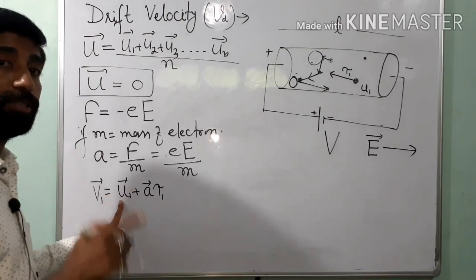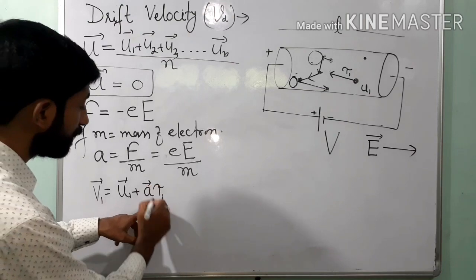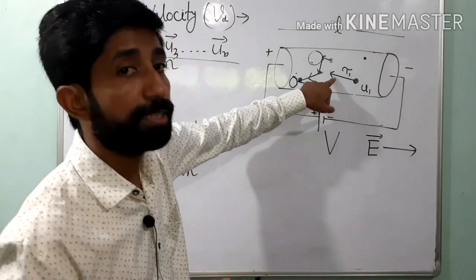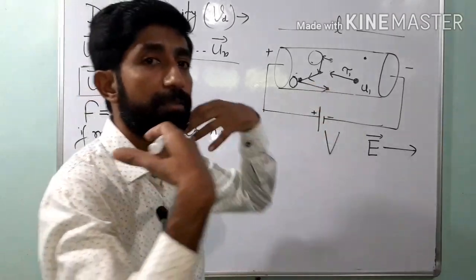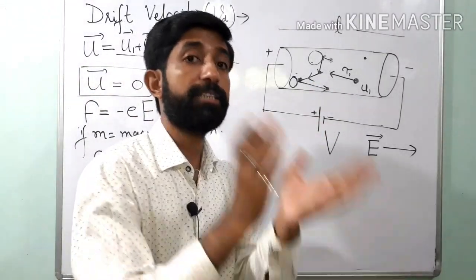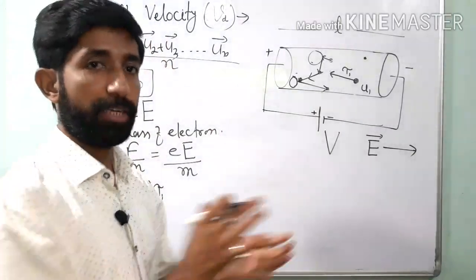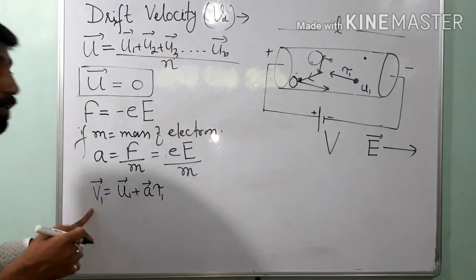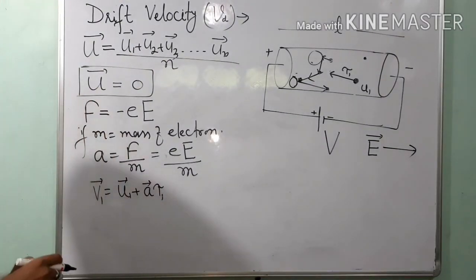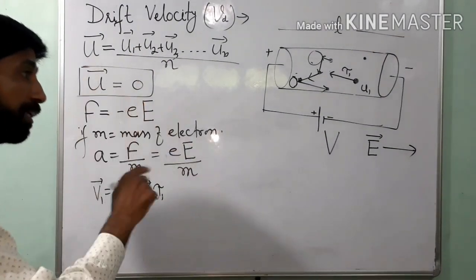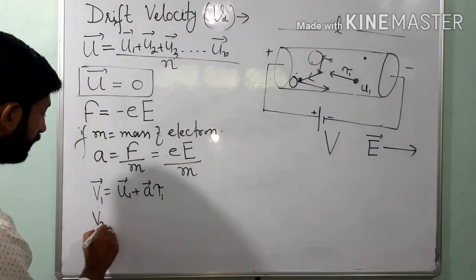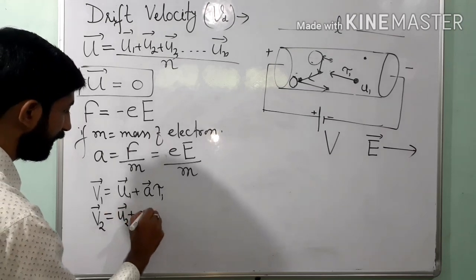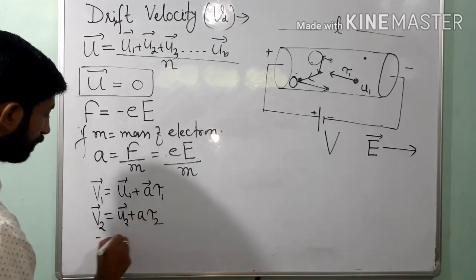This is the initial velocity of the first electron and this is the time duration during which the body has covered this much distance, and maybe it is going to just strike the next one but has not yet struck the other electron or even ion. So this is the velocity acquired by the first electron after this time. Similarly, for other electrons we have similar expressions, that is u2 plus a tau 2 and so on.